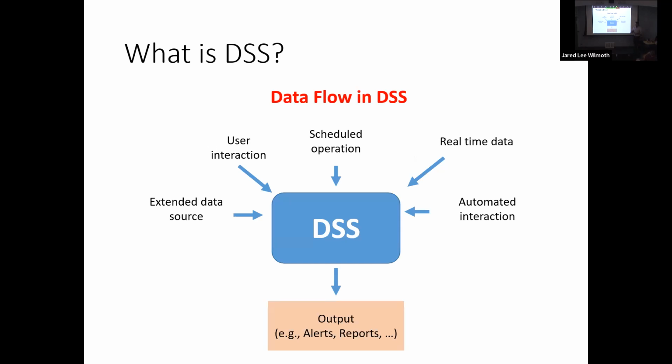It could be user interactions, different types of data, real-time, automated, extended data sources, and when we use all of them, we get different outputs like alerts or reports in order to improve our decision process or to solve a specific problem.